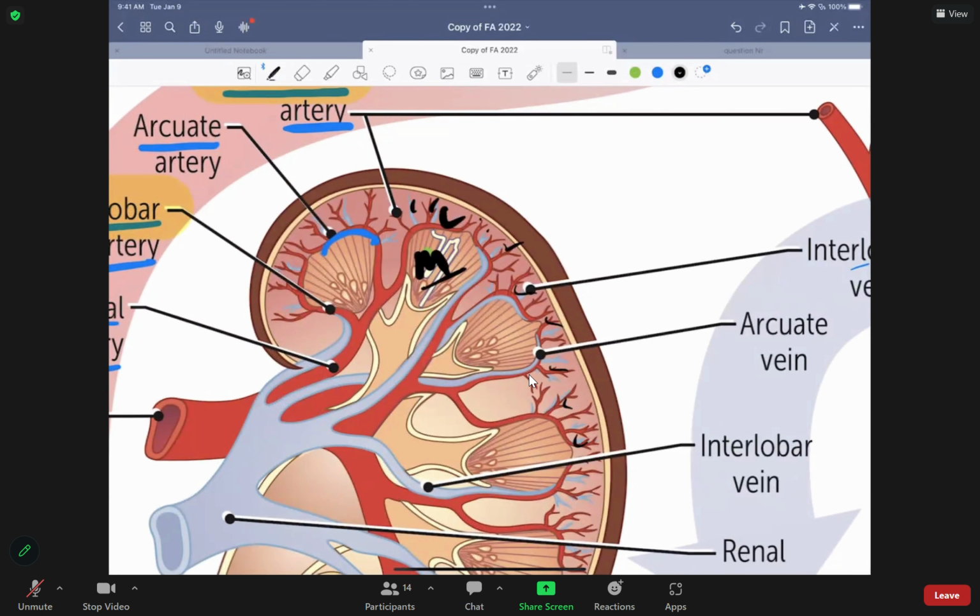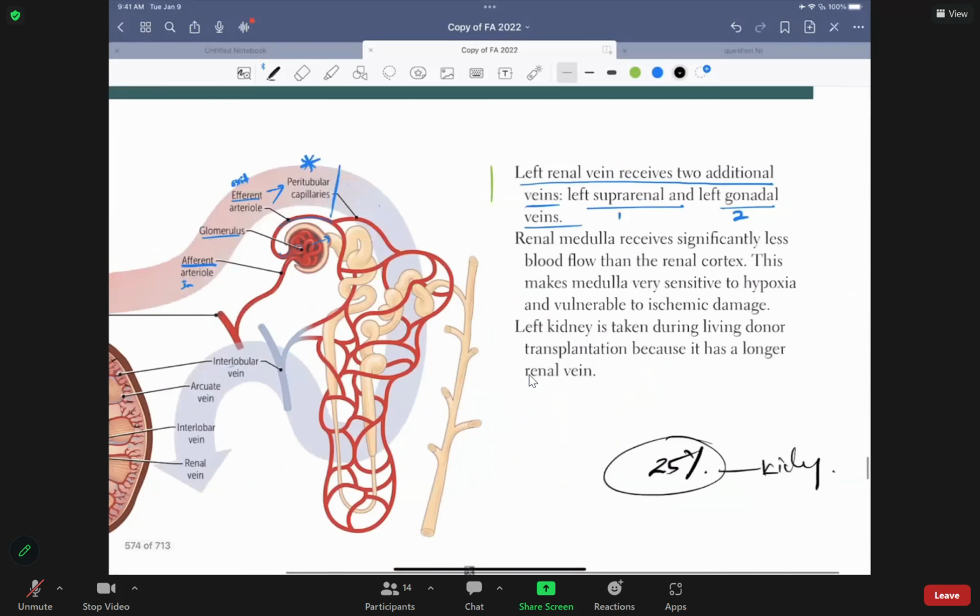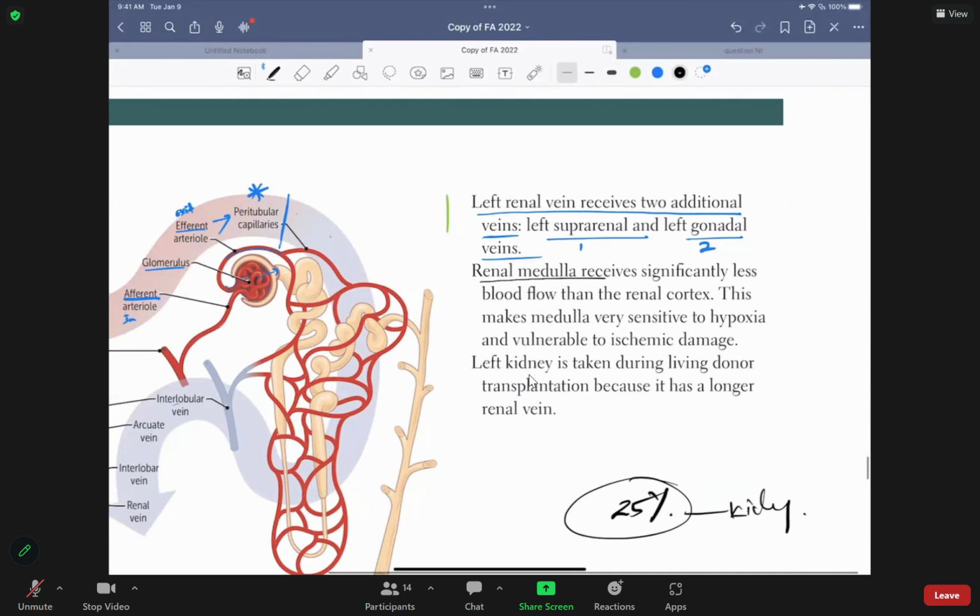Is everybody clear, folks? So that means even in healthy people, the renal medulla receives significantly less blood flow than the renal cortex. This makes the medulla very sensitive to hypoxia, which means in the event of hypoxia, the medulla will die first, then the cortex. Is everybody clear, folks?